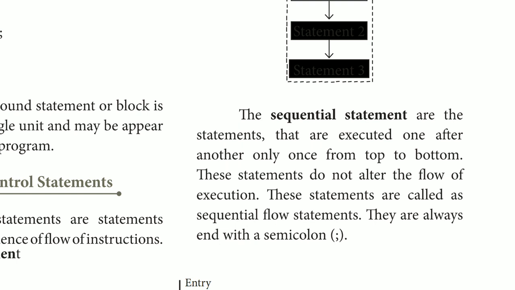This kind of statement is known as sequential statements. It will start from top to bottom, sequentially, one by one. This will not change anything. No decision-making statement will be available in this, and it will keep on moving from one part of the program to another part.